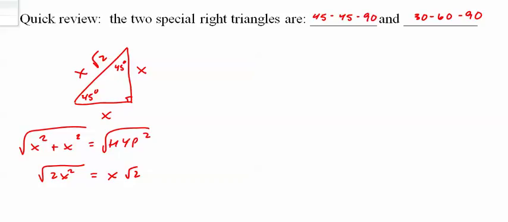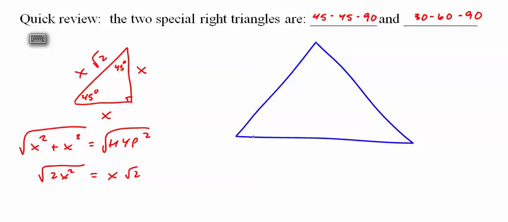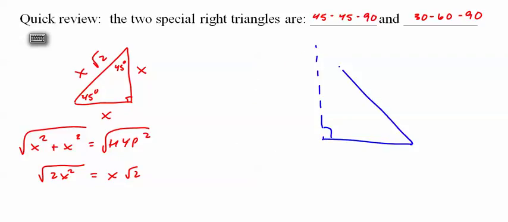30, 60, 90, a little trickier. Got to take an equilateral triangle, bust it down the middle. I'm going to erase this side, and I'm going to solidify this. So if this was an equilateral, that was 60, and since we cut it in half, that's 30.